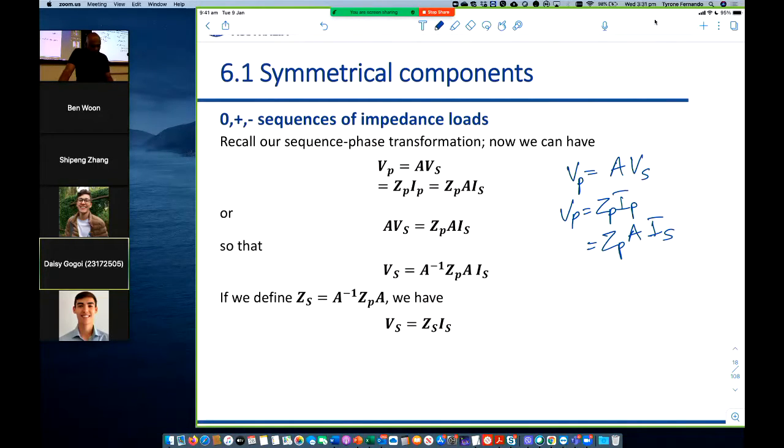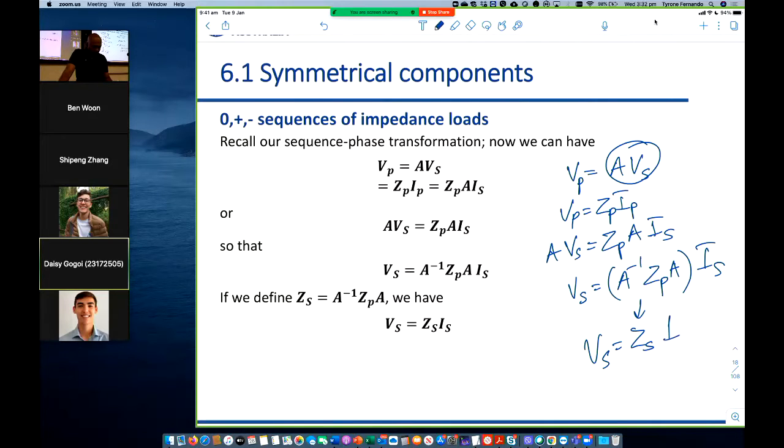So Vp is A times Vs, right? So now I can say Vs is A inverse Zp A times Is, right? And I can define that to be Zs, sequence impedance matrix. So Vs is therefore Zs times Is. And what is Zs? Zs is A inverse Zp times A.